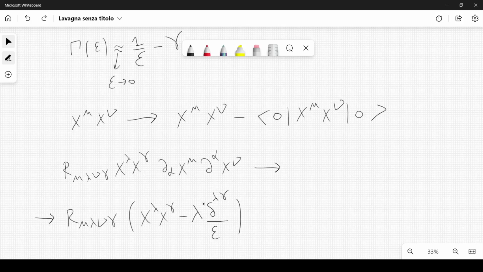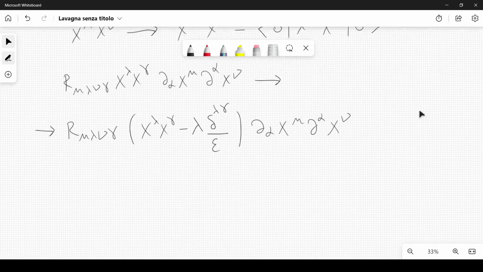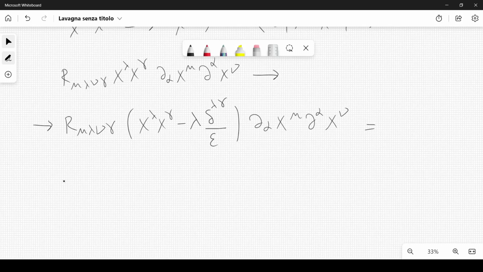But try to bear with me, this is not a problem because this is just a constant, whereas this lambda here we are summing over this other index lambda. And then we have d alpha x mu, d alpha x nu, and this can be written as r mu lambda nu gamma x lambda x gamma d alpha x mu d alpha x nu minus lambda over epsilon.